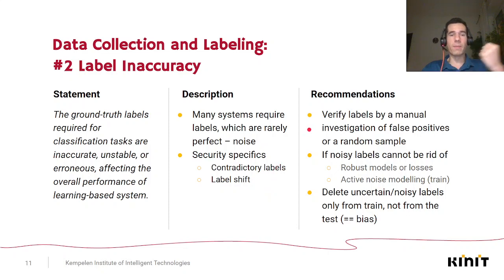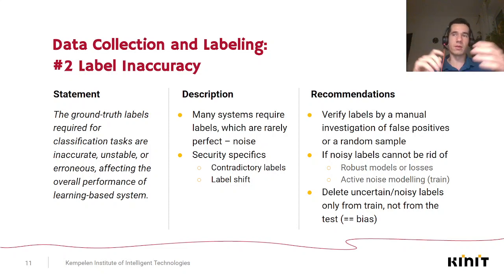What can we do about label inaccuracy? Well, we should verify at least some part, some random sample, of the false positives our model gives us. Then we can tell if the model is wrong, as we think it is, or the sample that the model processed is wrongly labeled.